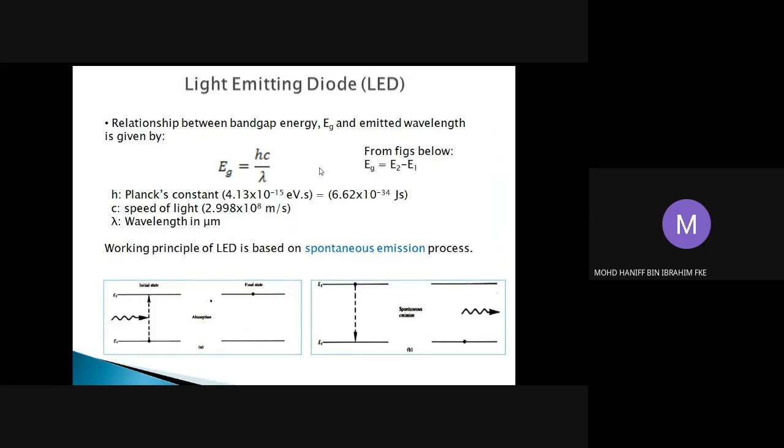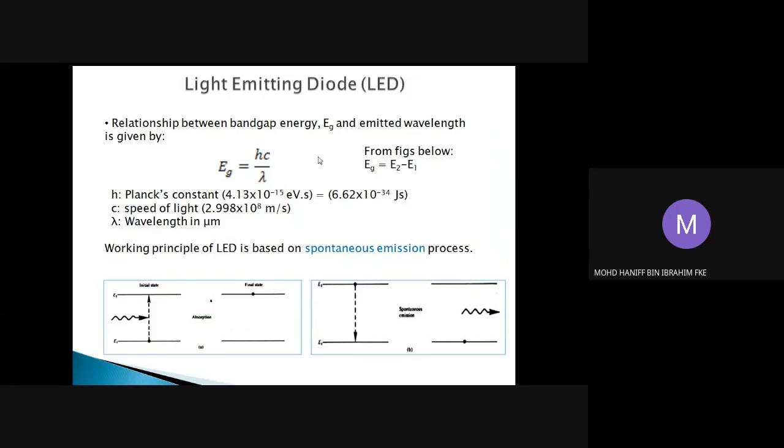For every semiconductor material, depending on the dopant used, we are going to have a different band gap energy. So we can know the lambda produced by simply knowing the band gap energy. From this equation, if we know Eg, we can obtain the value of lambda.